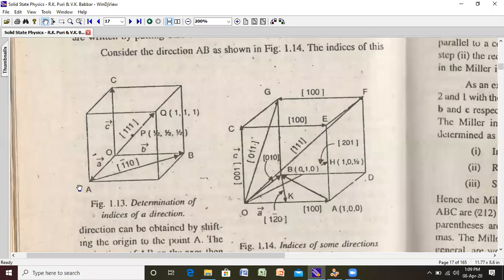Again, the choice of axis is not fixed. This is again arbitrary. You may choose x-axis along this line, y-axis along this line, and z-axis along outward. Or you can change also this convention. You may take this as a y-axis, this as z-axis, this as x-axis. These are not strict rules in crystallography. These all things are arbitrary.